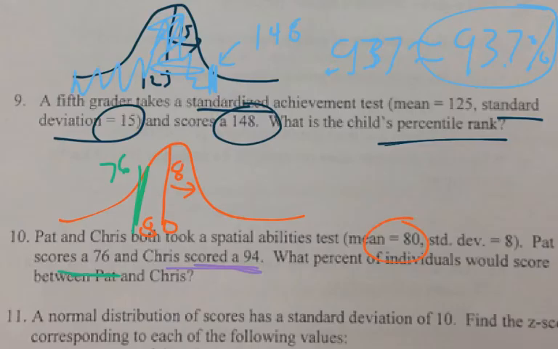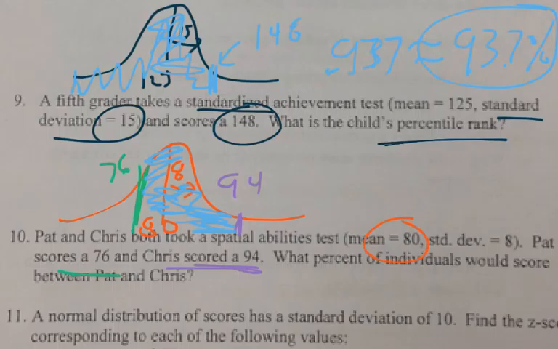Chris got a score of 94, which is way up here, right? Somewhere up there. Now notice what the question is. They want to know what percent of individuals scored between them. So we want everybody that scored 76 or higher up to 94, right? Because that's where Chris is. Everything I shaded in blue would be between Pat and Chris, right?